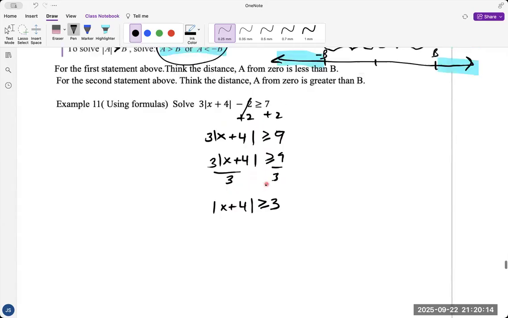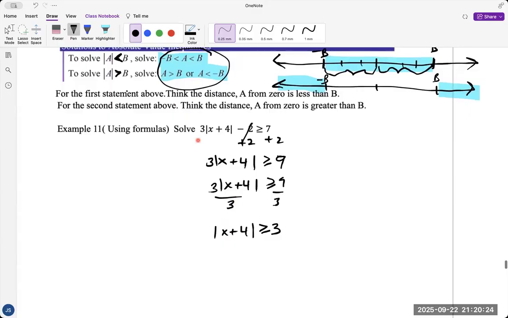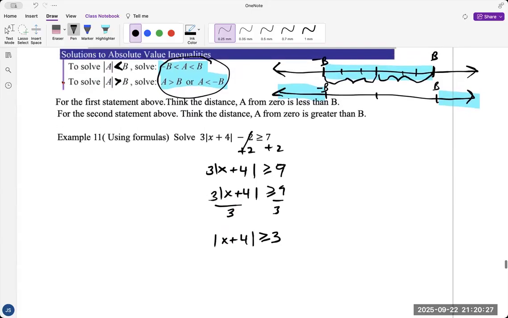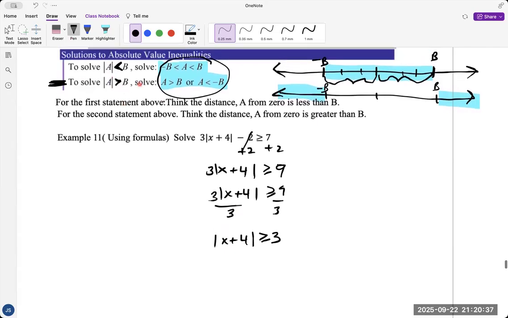Now I have something that looks very similar to this. My expression A is x plus 4, and B is 3. And notice it's just like the second equation here, where the absolute value is greater than this. So my answers to this are going to look like the second picture here.